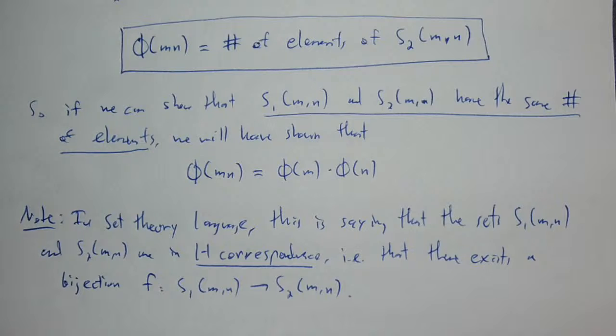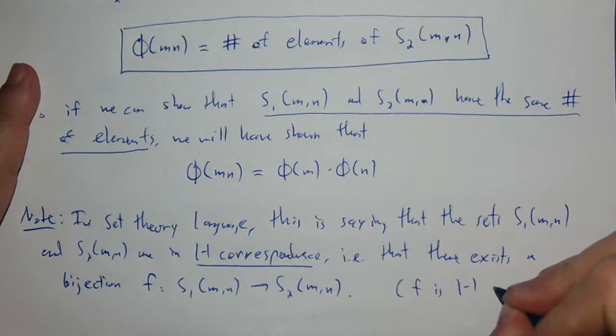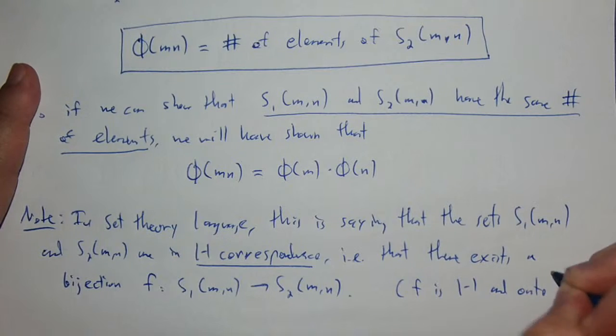What's a bijection between two sets? So it's just a function between the sets that's one-to-one and onto. Okay, so it is injective and surjective, right? So F is one-to-one and onto.